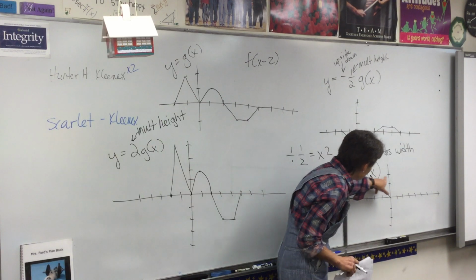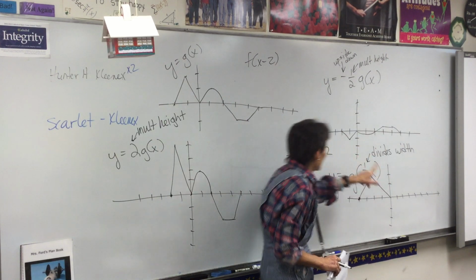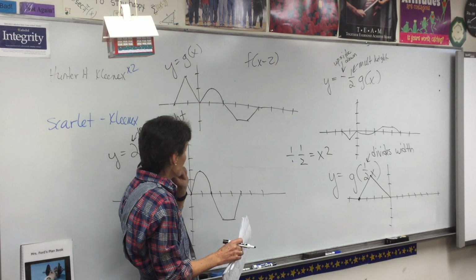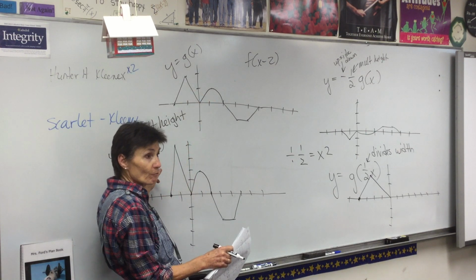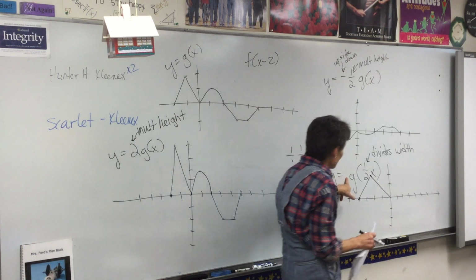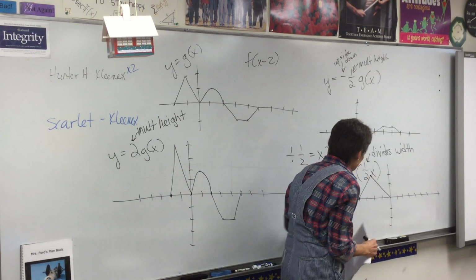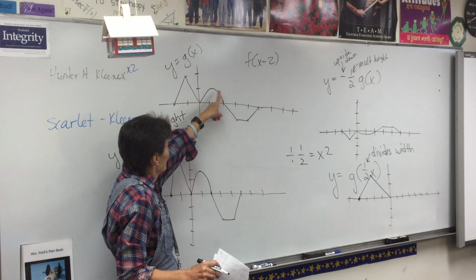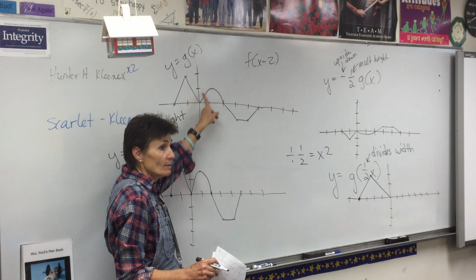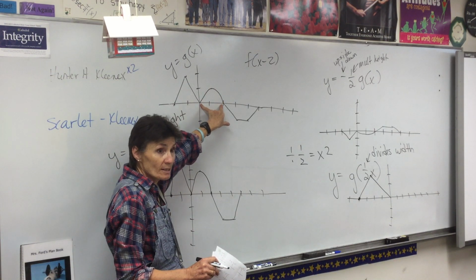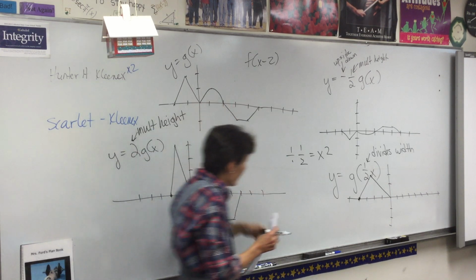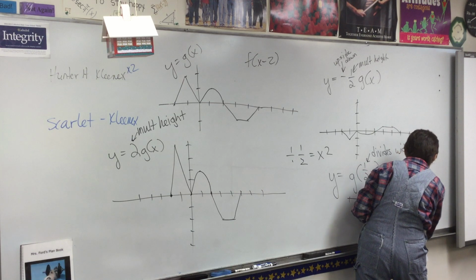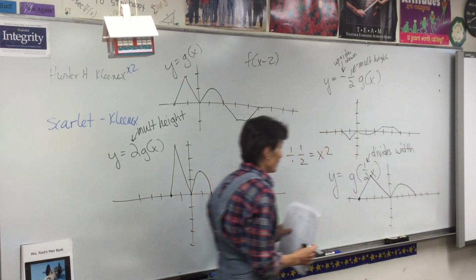Now notice he's still 2 up. We haven't changed the height, because the only way you can change the height is to put a number in front. There's no number in front, so it's the same height. It's just twice as wide. This circle right here is 2 across. So now it'll be 4 across. I'm going to run out of room, because the circle's clear over there like that.